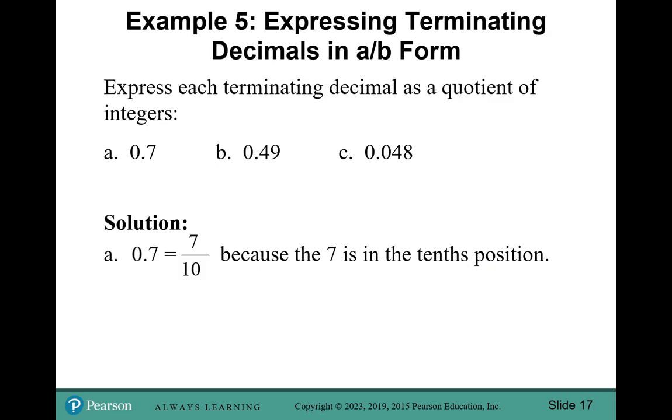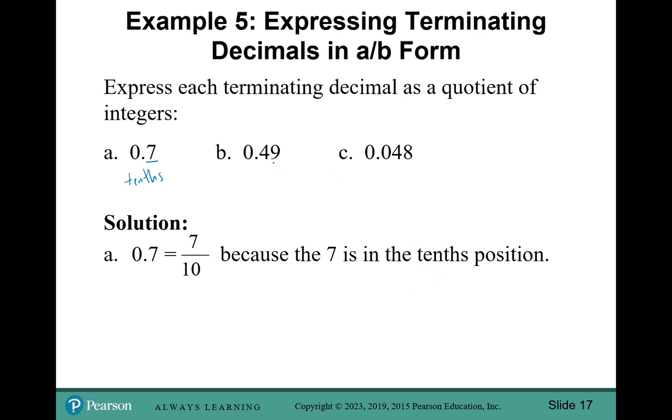We want to express each terminating decimal as a quotient of integers. In A, the 7 lies in the tenths place. In order to write this terminating decimal as a fraction, I need to put 7 over 10 because the 7 is in the tenths position.